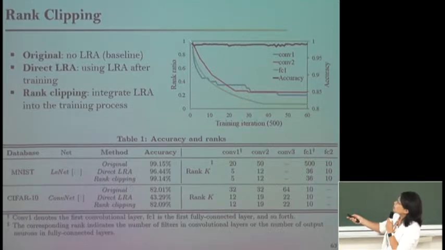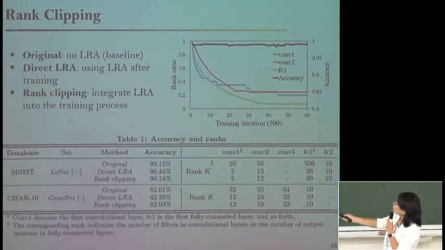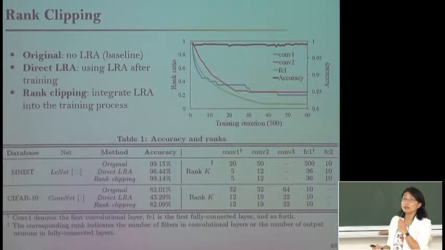We start with a network trained under ideal situations, so the accuracy remains high, and as you can see, it continually remains high during the entire iterations. For different layers, first of all, the green curve represents fully connected layers.